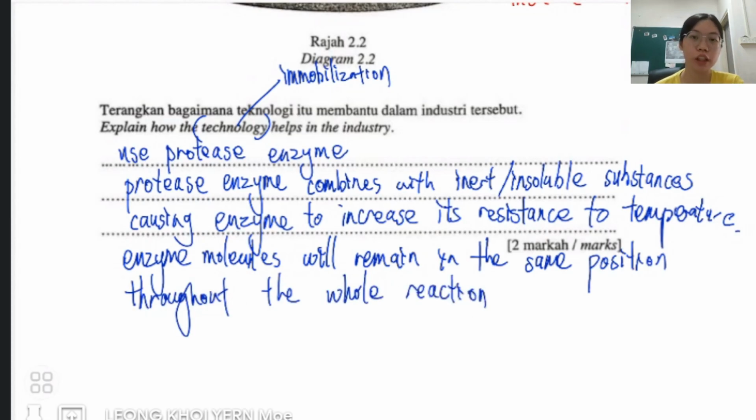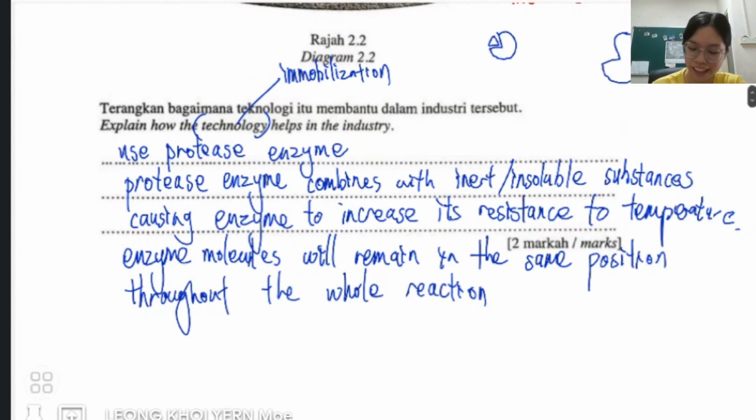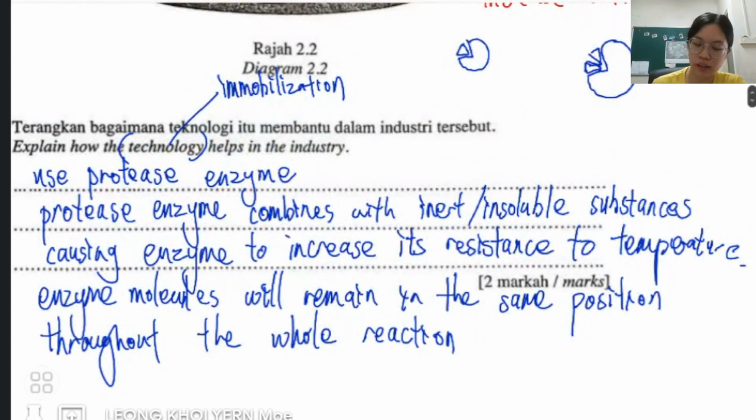Okay, in a normal situation, when the enzyme catalyzes the substrate, the product it produces still tends to stick inside the enzyme, very hard to leave. But if you use this enzyme immobilization technology, the product and the enzyme are easily separated.